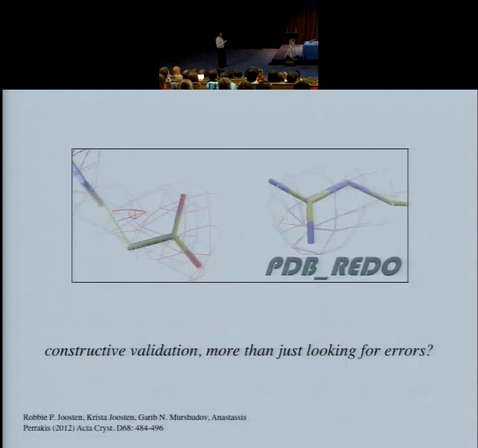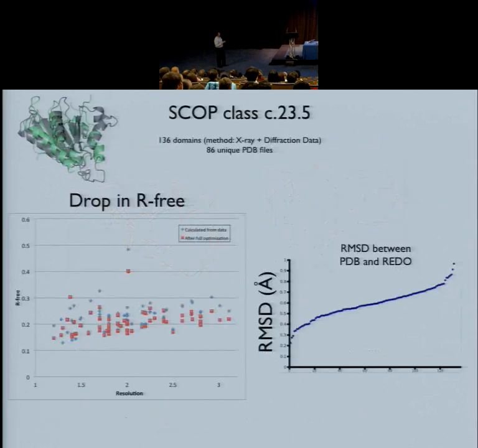Another case we've done is, as I mentioned, the PDB redo data set. And you guys are familiar with the project. I think this is the title of the paper, constructive validation; they're not just looking for errors, right? And in the paper they actually show a couple of cases of refinement. However, are the models better for molecular replacement? We've taken a look at this flavoprotein data set.